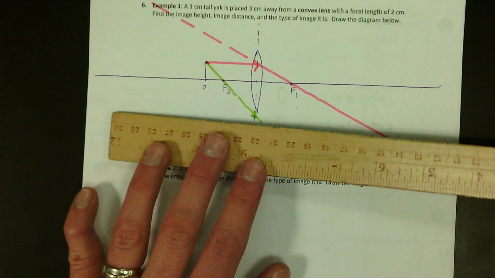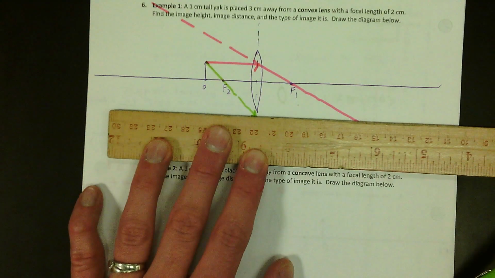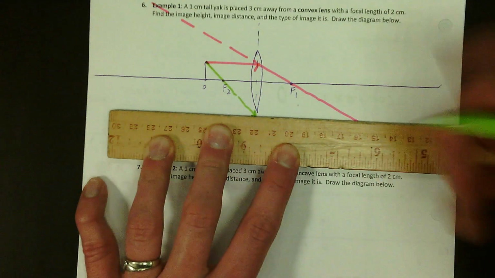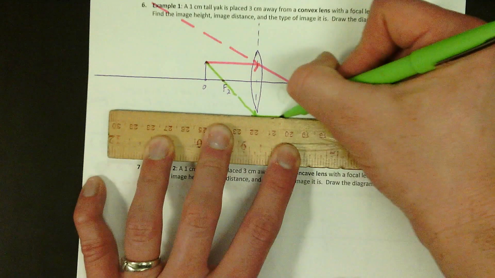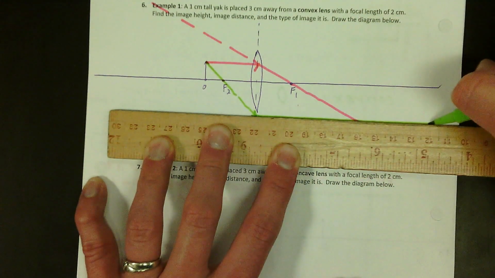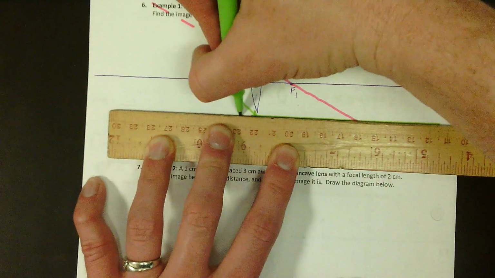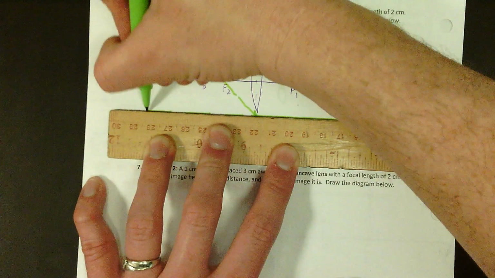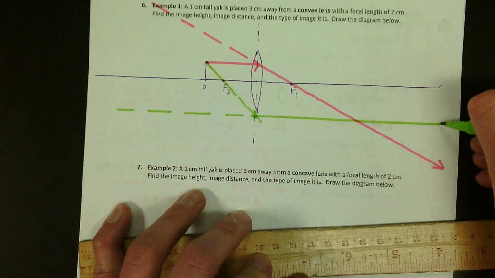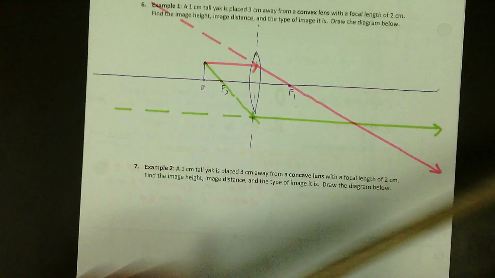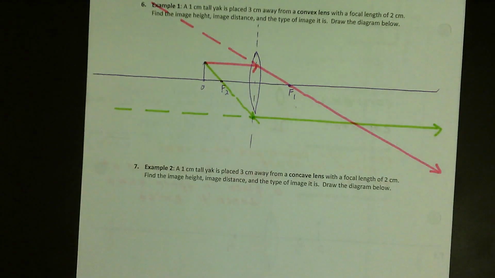And then I'm going to start at that point where it met the vertical line, and draw it parallel to the principal axis. And again, backtrack it. Like that. Got one more line left. Just one. It's the easiest one. I'm not lying. It's really easy. Promise.